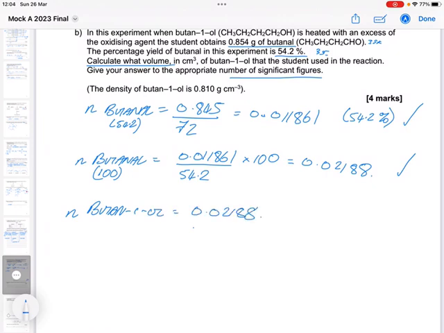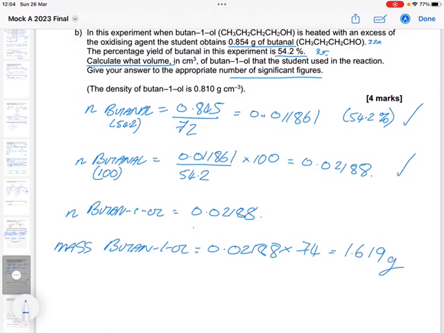Now I've got to calculate the volume, which means I need the mass first. So mass of butan-1-ol is 0.02188 multiplied by the Mr, which is 74. That equals 1.619 grams. Now that's the mass, but to get the volume, if you remember, volume is the mass divided by the density.